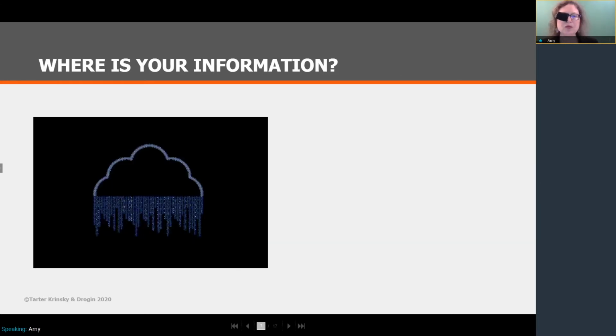Now, where are you saving your personally identifiable information or the personal data that you're collecting? Are you saving it on a secure server that's behind a door and only you have the key? Or, as is sometimes more common, are you saving it to the cloud? If you're saving that information to the cloud, one best practice is to take a look at the contracts that you have with that cloud provider and really understand who has what obligations.